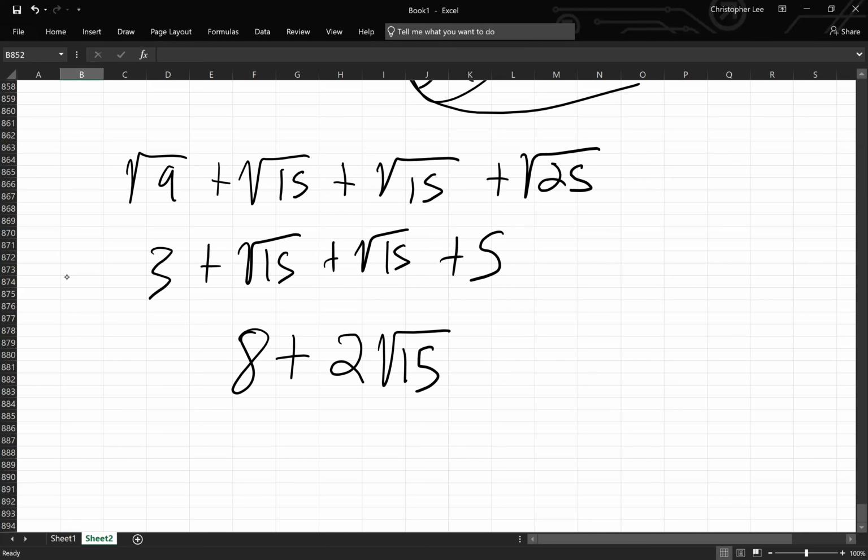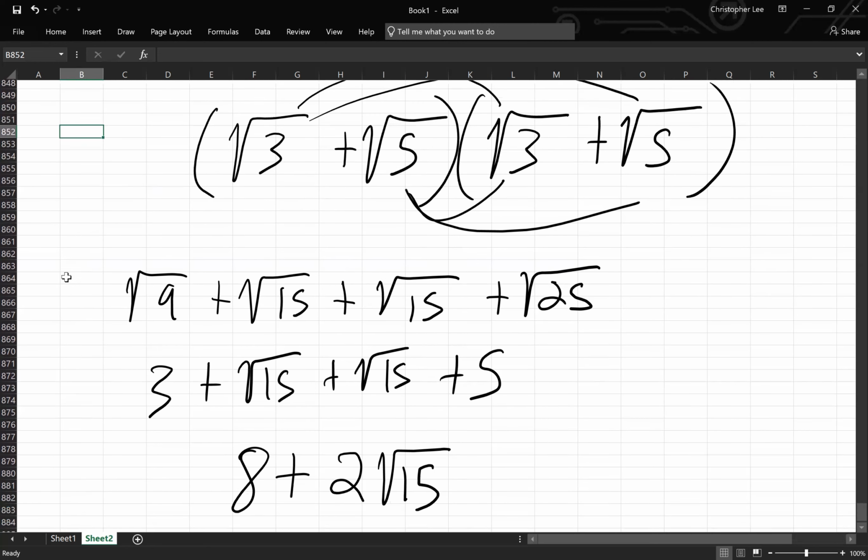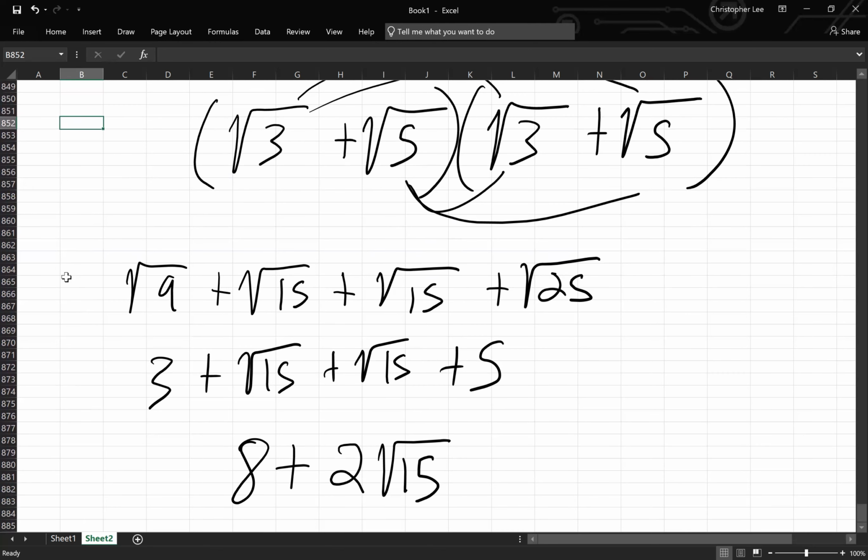The 3 is the square root of 9, and the 5 is the square root of 25. Because they can't be simplified, you just add them together. It's 2 of them, 1 plus 1, 2 square root 15.